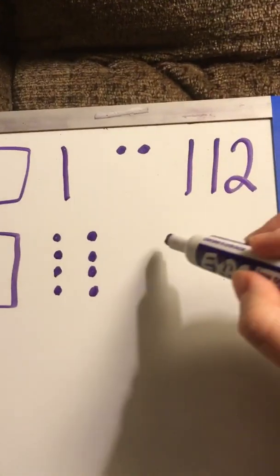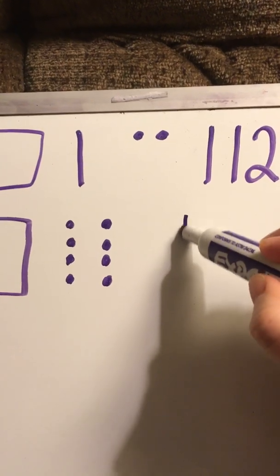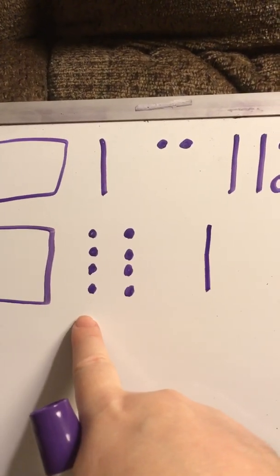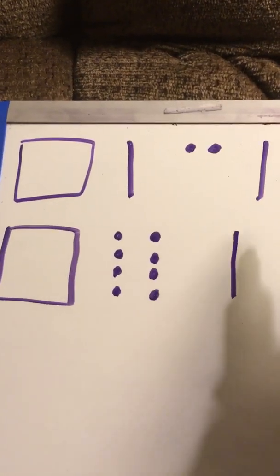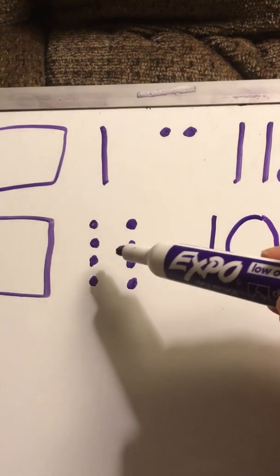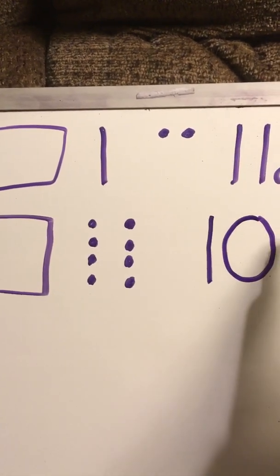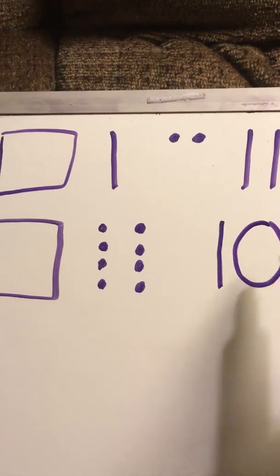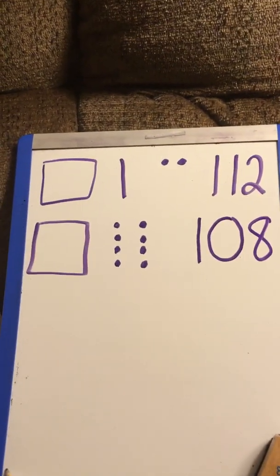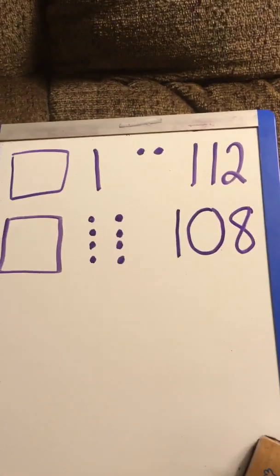Now, this is how you're going to write 108. We have a 100 block. Do we have any tens blocks? No. So we need to put a 0 because we have 0 tens blocks. And how many ones do we have? 8. 108. I'm going to show you what sometimes kids get wrong.